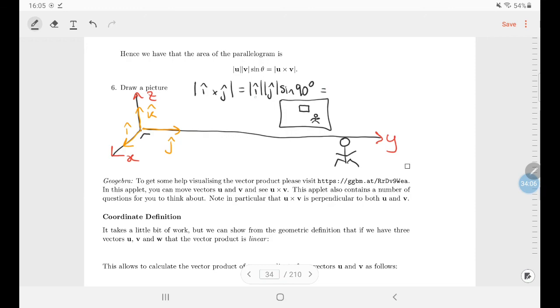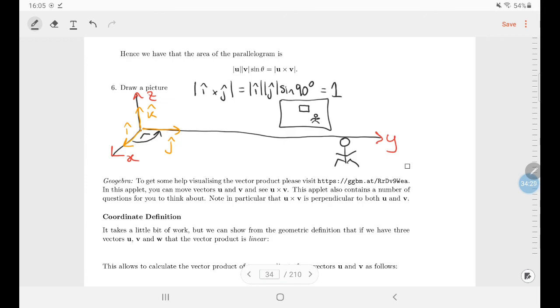The length of I is 1, the length of J is 1, so 1 by 1 by 1 is 1. So the magnitude of I cross J is 1. And it's perpendicular to I and J, so it's either up by 1 or down by 1. So it's either K or minus K. And the right hand rule says I cross J is equal to K. You can actually see the sweep there. I cross J is equal to K.